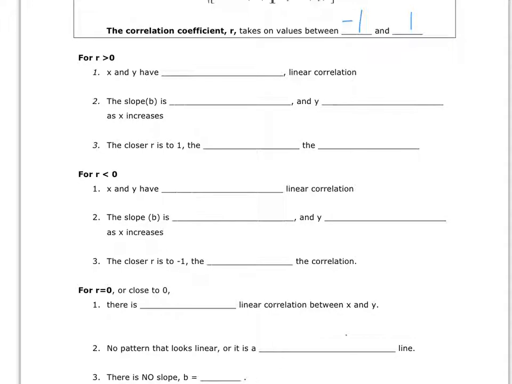So if r is greater than 0, positive r means that x and y have a positive linear correlation. If it has a positive linear correlation, that means the slope is also positive, because the line is going to increase as x values get larger, which also means that y increases as x gets larger.